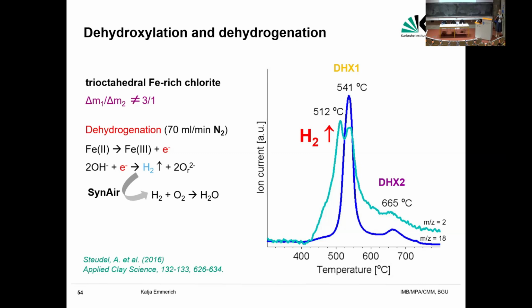If you measure evolved water, you also will see the mass of 2 for hydrogen. But if you compare the curves of mass 2 and mass 18, and they don't have the same peaks, then this is the proof that we released hydrogen from the sample before the water molecules evolved.